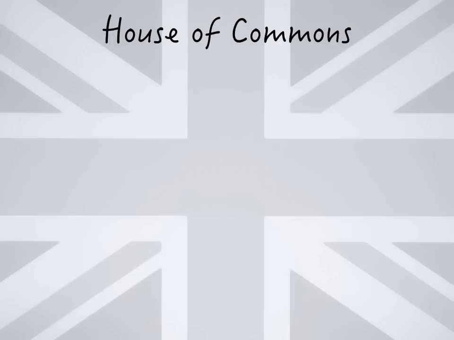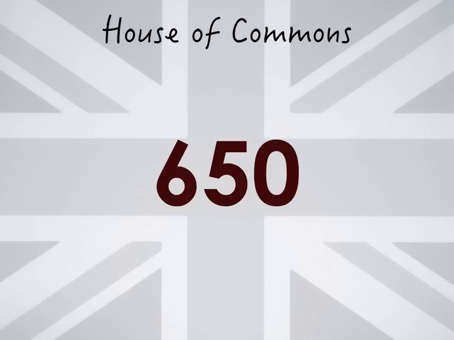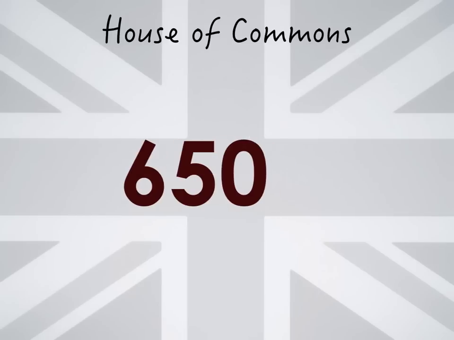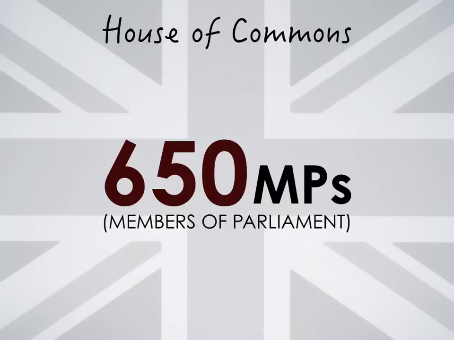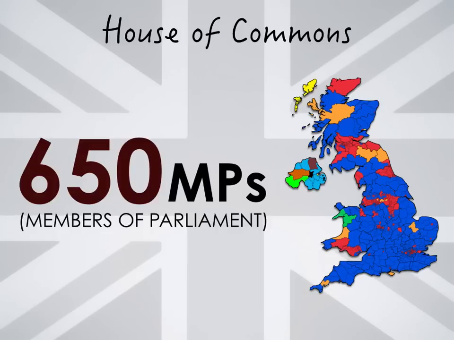Okay, now let's move away from the House of Lords and talk about the House of Commons. The Commons is, without a doubt, the most important governmental body in the United Kingdom. It's made up of 650 elected representatives called MPs, which is just a nifty abbreviation for Member of Parliament. And each MP represents one of the 650 electoral districts in the UK.